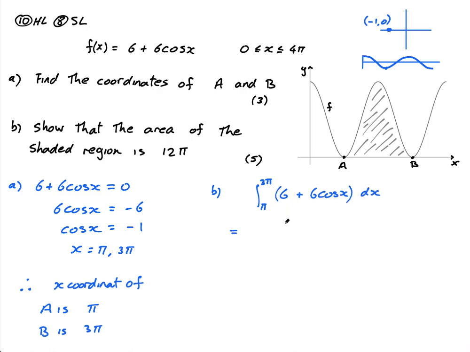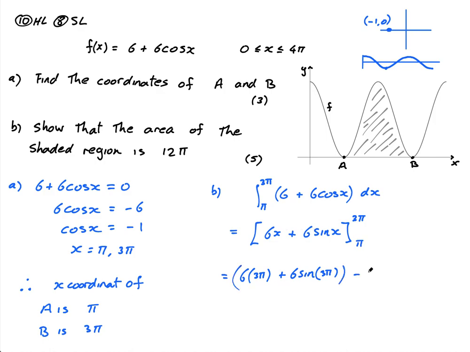And this equals, let's put a square bracket, 6x, the integral of 6 is 6x, plus 6 sine x, the integral of cos x is sine x. Close my square bracket and put 3 pi to pi. Now I'm going to sub in 3 pi, so that's 6 times 3 pi, plus 6 times sine of 3 pi, and all of this I'm going to subtract.